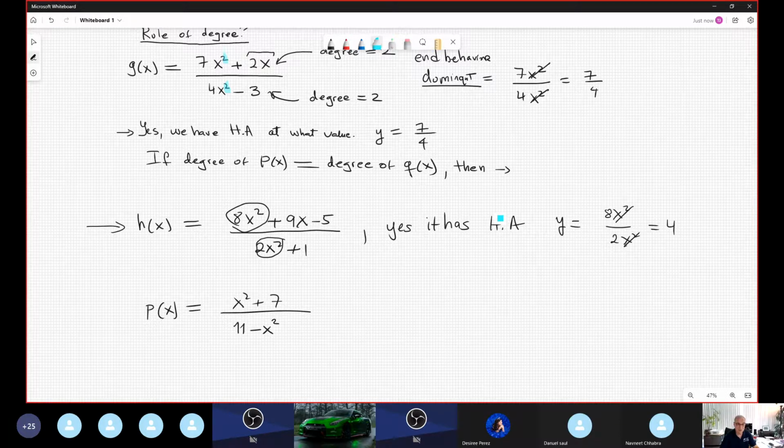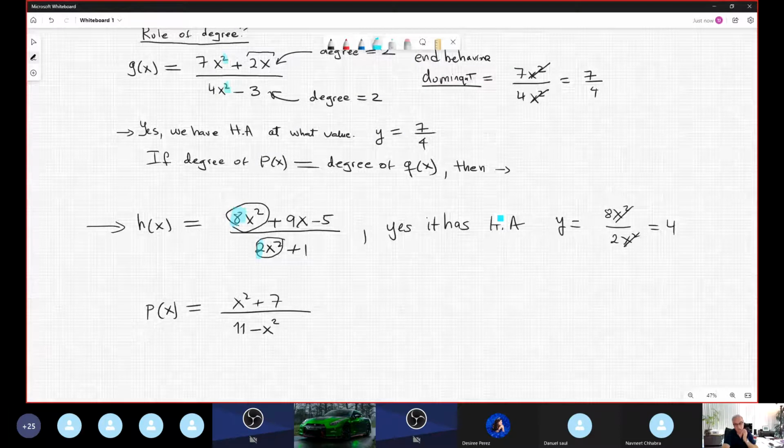You take the leading coefficients in the top and the leading coefficients in the bottom, and you divide. So at x, y equals 4 in the same direction, to the left or to the right, to the positive infinity and the negative infinity. This is the beauty of the ratio.